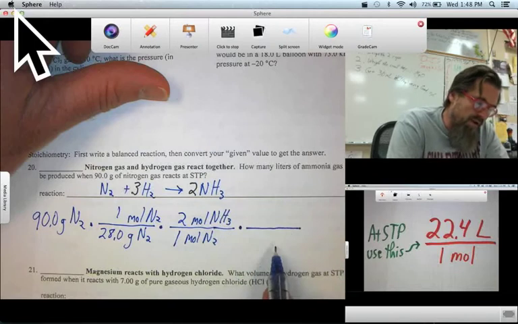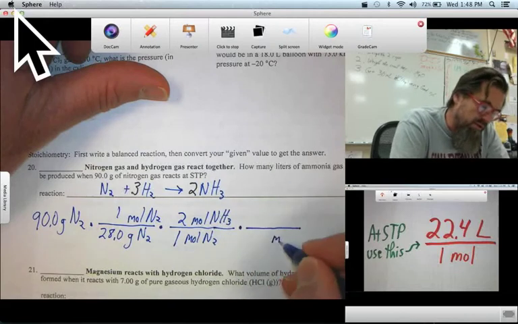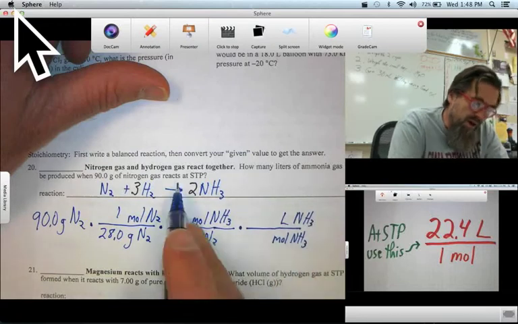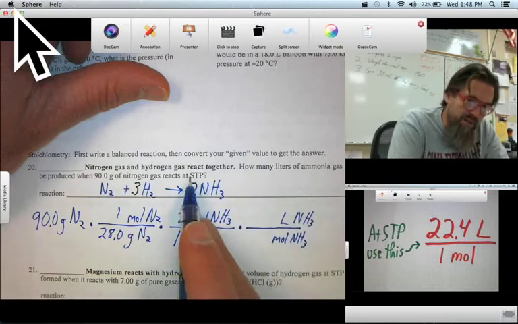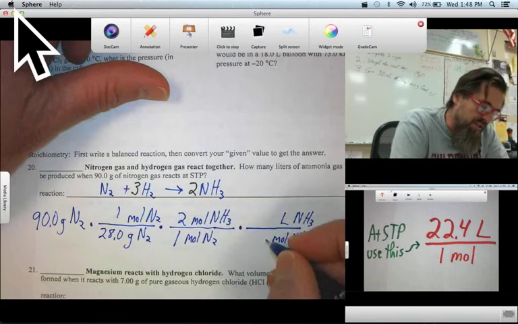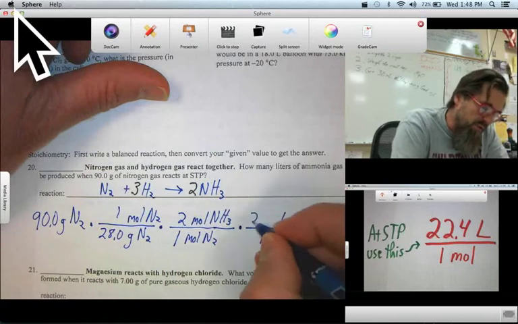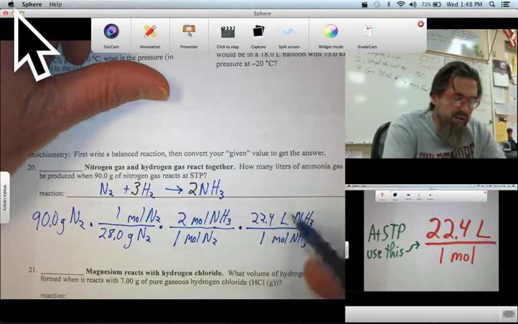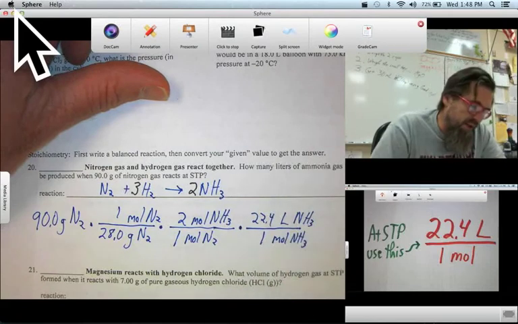Out of moles of NH3 into liters of NH3. Because we are at STP. This reaction is occurring at STP. So 1 mole is 22.4 liters, using that very convenient conversion that's true of any gas at STP.